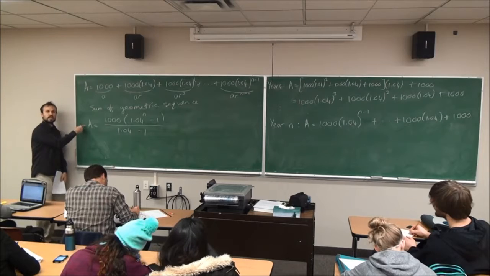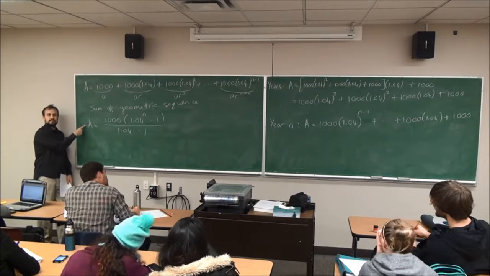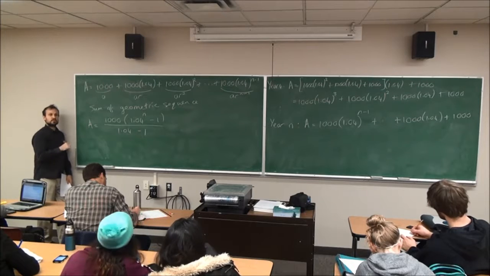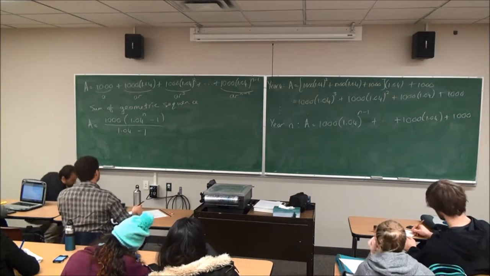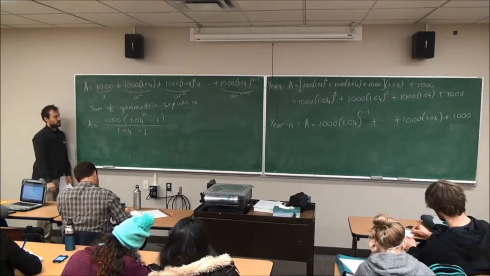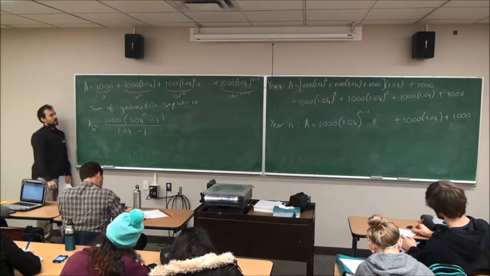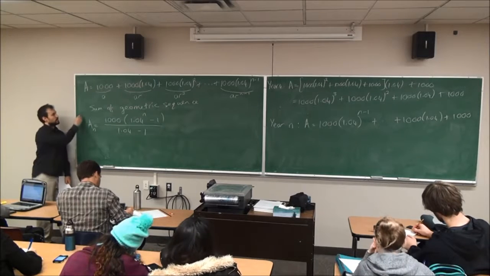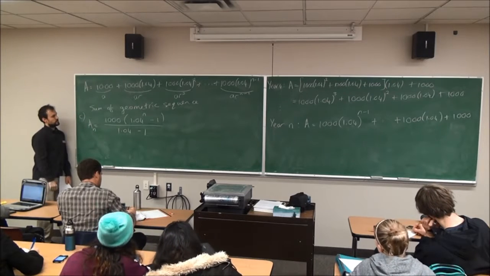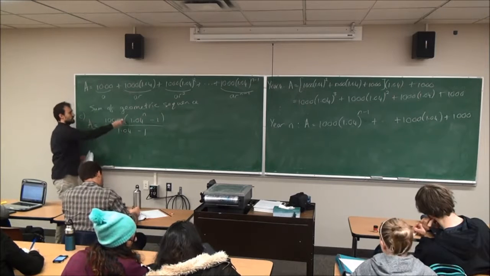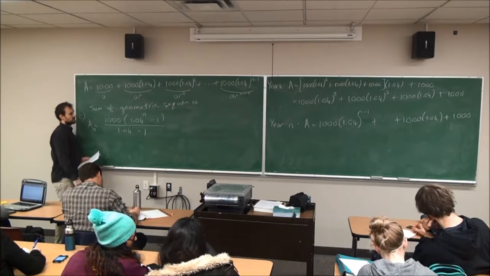Everyone happy where I'm getting this? Formula for the sum of the geometric sequence. Let's put a little n here because it depends on n, the number of years that I'm interested in. Plug that in and it gives me my answer.